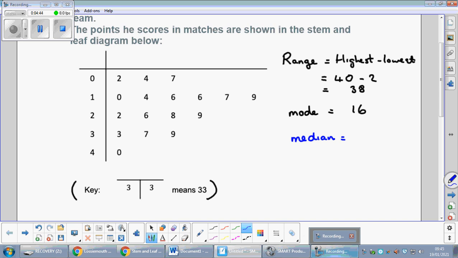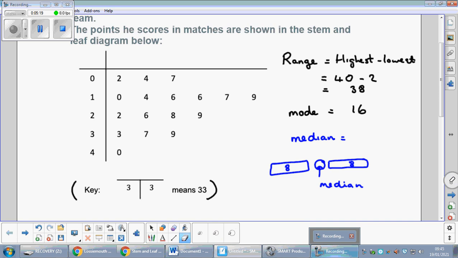So 2 into 17 goes 8 remainder 1. So we're going to have 8 numbers in our bottom half, 8 numbers in our top half, and the median is going to be bang in the middle. Remember, if it's an even number, we have to take the mean of the middle two numbers to get the median. Okay, so we're 8 on either side.